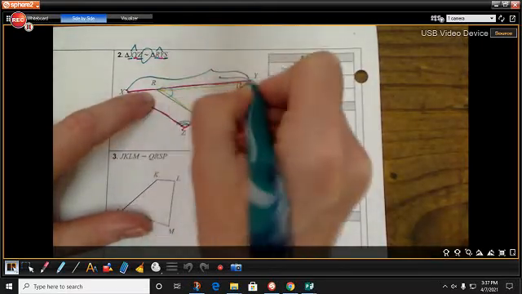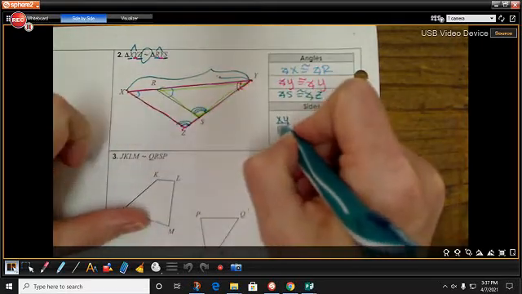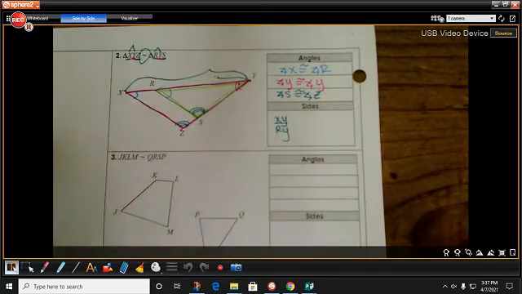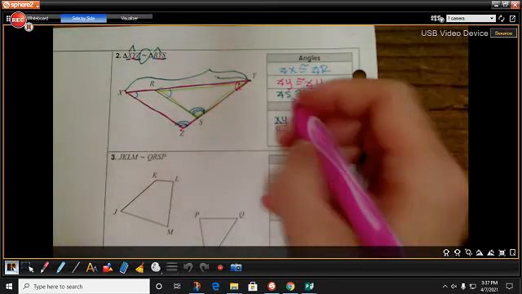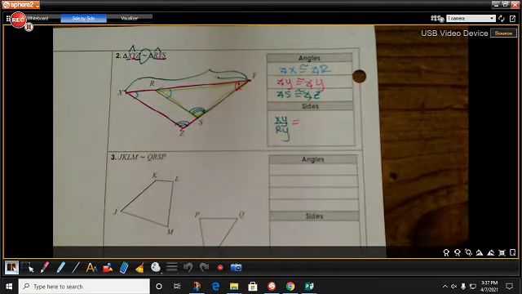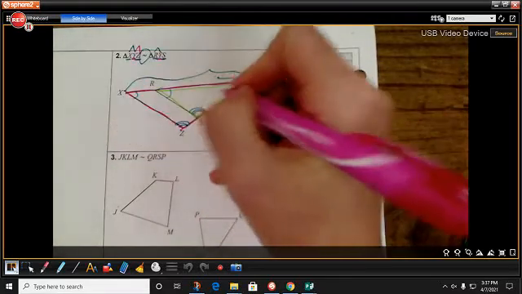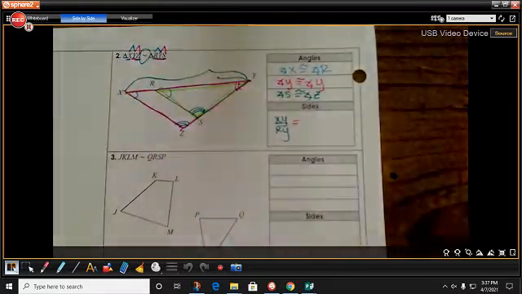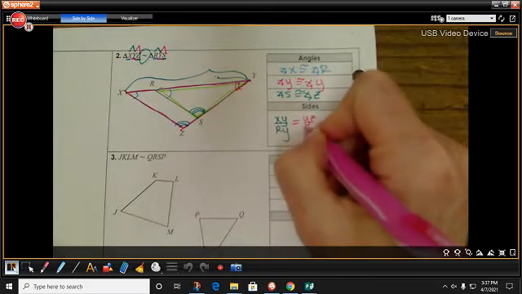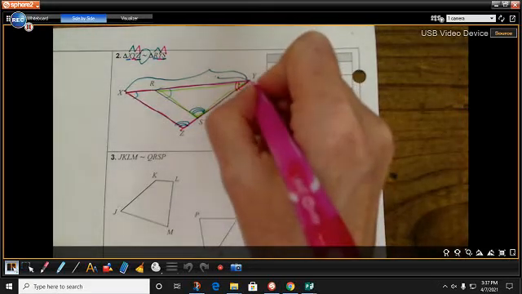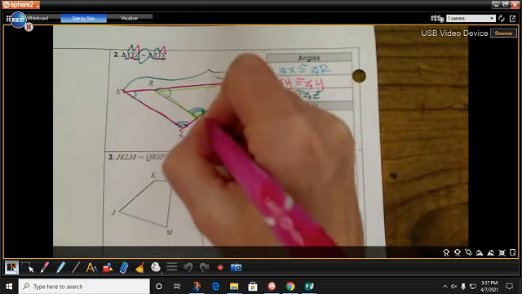So XY and RY. Well, whatever ratio that is had better equal the length of YZ to YS. So YZ to YS. That's this big one here to this littler one here.